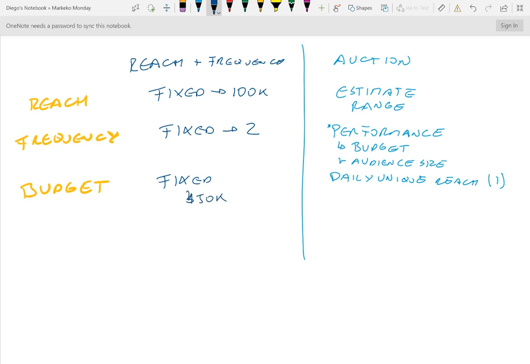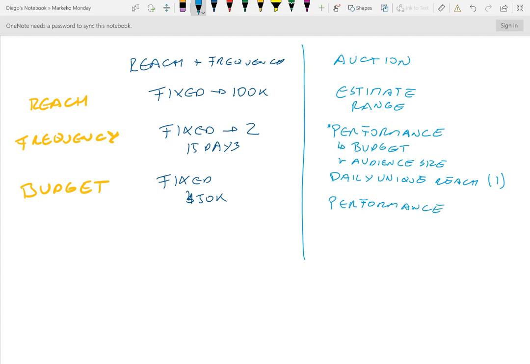So if you want to reach people two times within 15 days, you're going to have to pay $50,000. This allows me to really calculate my budget. With auction, again, it's going to be based on performance.